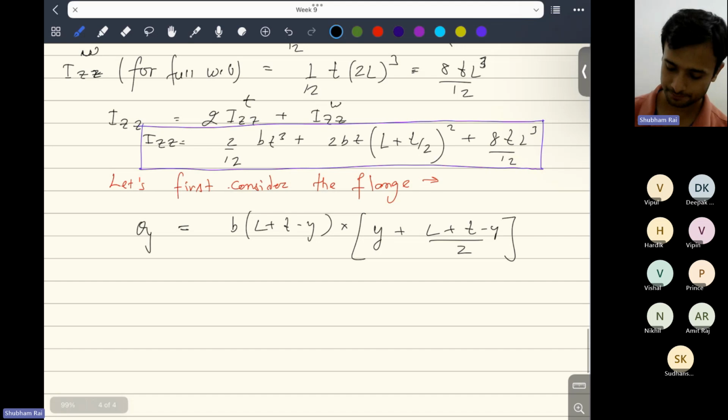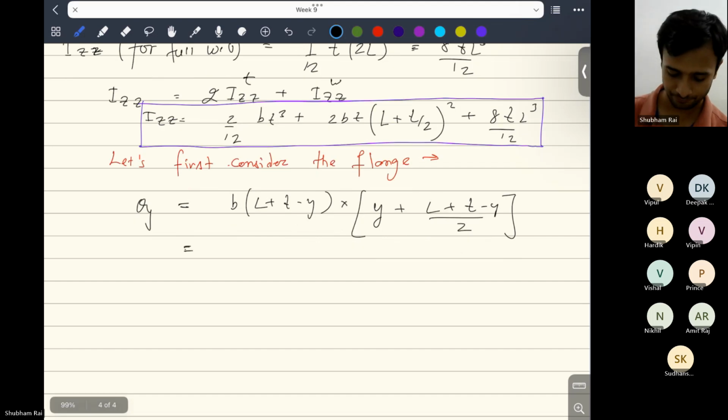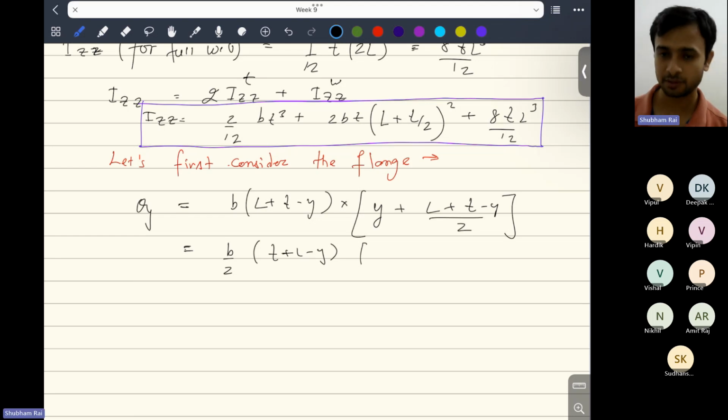So if you solve this, you will get B by 2. And I'm just writing here as T plus L minus Y. And here you will get T plus L plus Y. So this will be the Q for the flange.